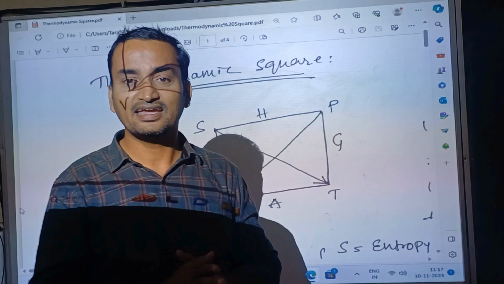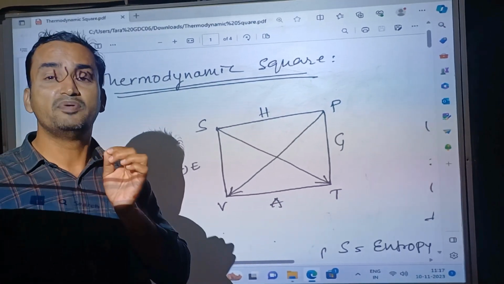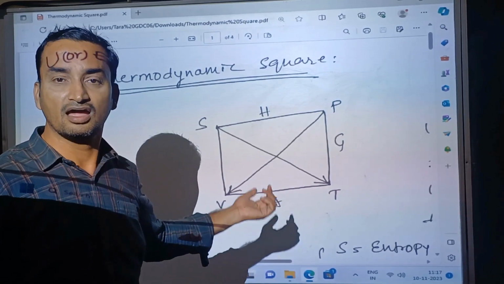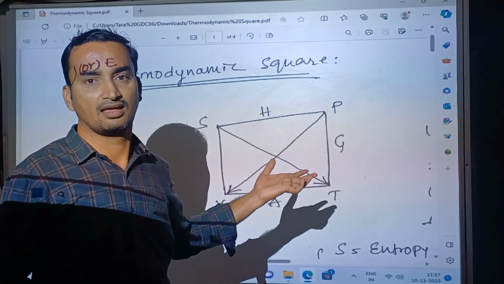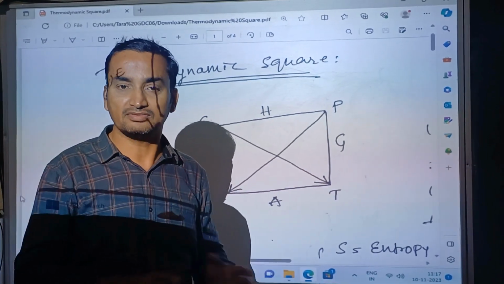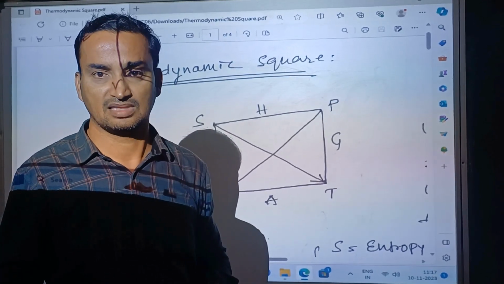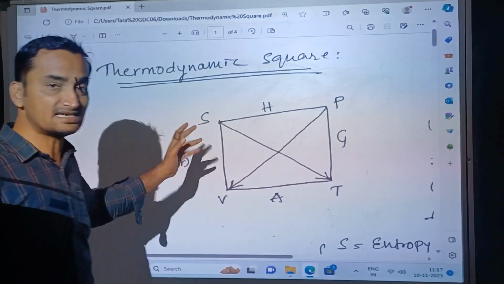Now what will we do with this? From this we will derive 20 relations, 20 relations between the different thermodynamic functions and variables, thermodynamic potentials and variables. Now we'll see. So let's start.